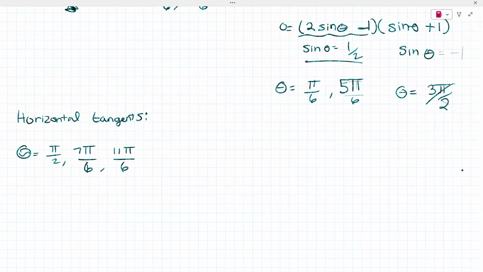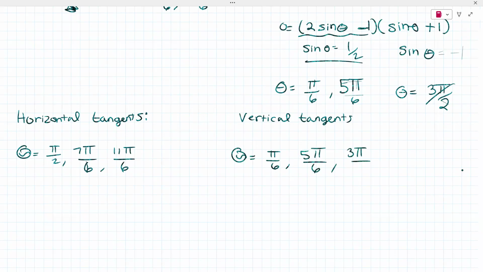And then for your vertical tangent, your theta is going to be pi over 6, 5 pi over 6, and 3 pi over 2. Okay.